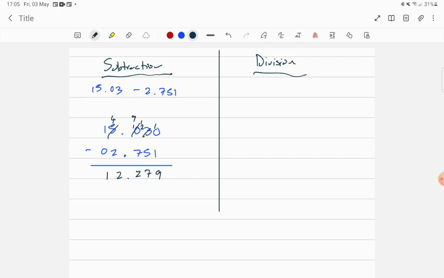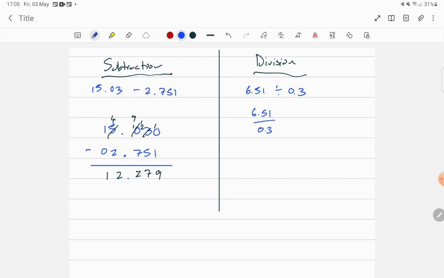So then division when it comes to decimals. For example, if we have 6.51 divided by 0.3. Firstly, the way we should approach this is to write the division as a fraction. So it would be 6.51 divided by 0.3.